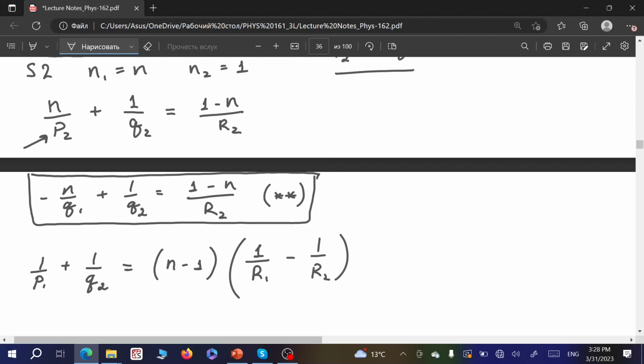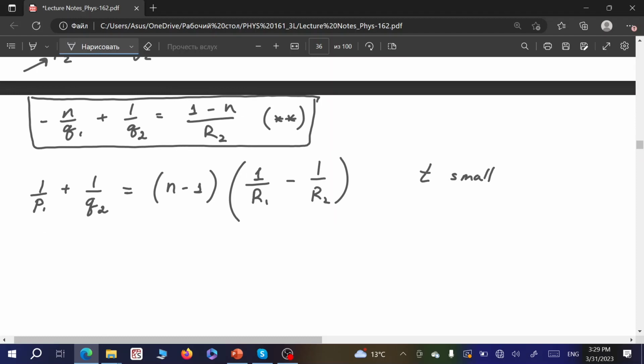We can proceed even further because now, since T is small, we do not distinguish between distances to the first and second interfaces, since the interfaces are located very close to each other. So we can skip these indexes because there is not a big difference between P1 and P2, Q1 and Q2, because T is small.